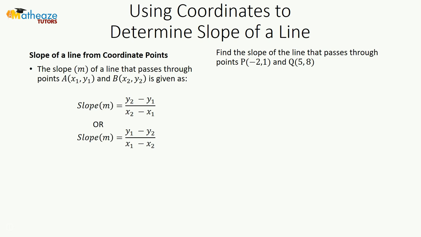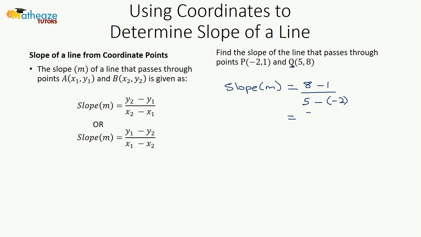Now let's look at this example. We're going to find the slope. So the slope, I'm going to call it m in parentheses, is going to be, I'm going to use Q as my starting point. It's going to be 8 minus 1 divided by 5 minus, and then minus 2.